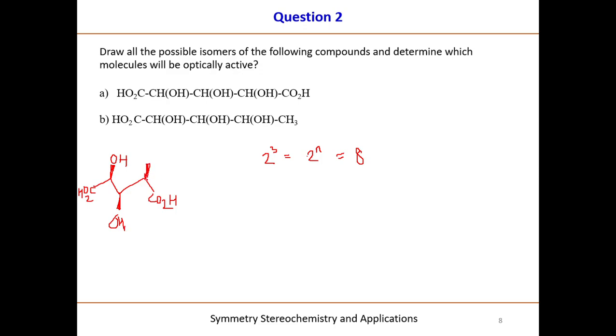What's the other possibility? I'm not writing the CO2H group; please understand those groups are present on the terminal carbon atoms. And here one OH group is on the front side. The second one is also on the front side, but the third one is on the back side.